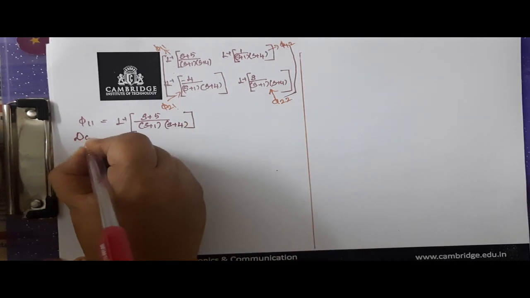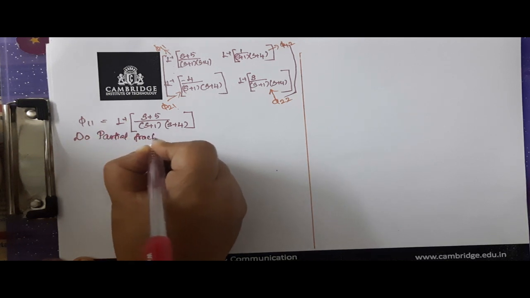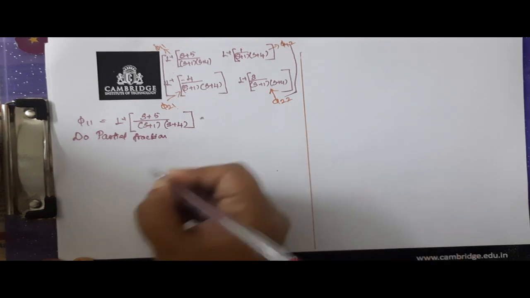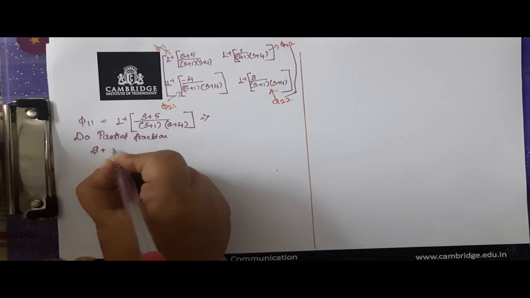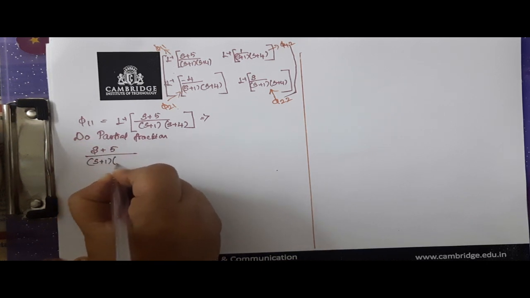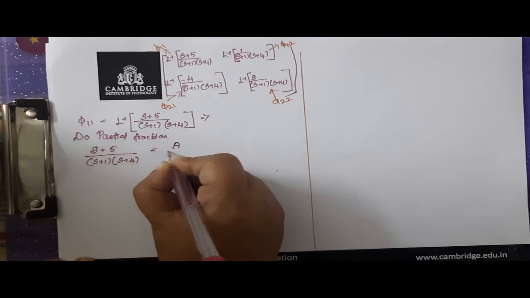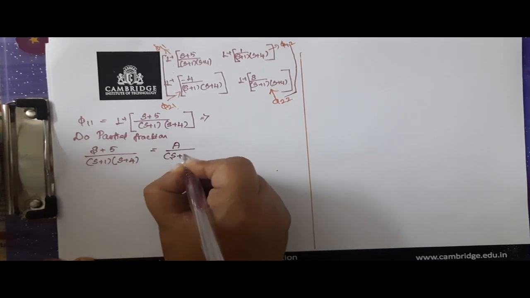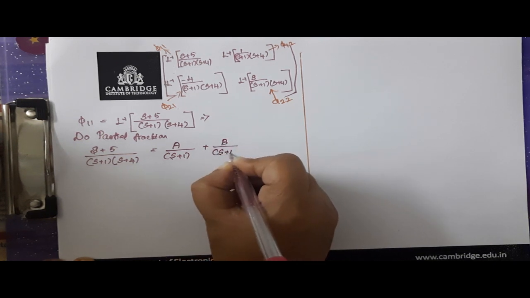We can do partial fraction, and we can represent it as (S plus 5) divided by (S plus 1) into (S plus 4) can be written as A divided by (S plus 1) plus B divided by (S plus 4).